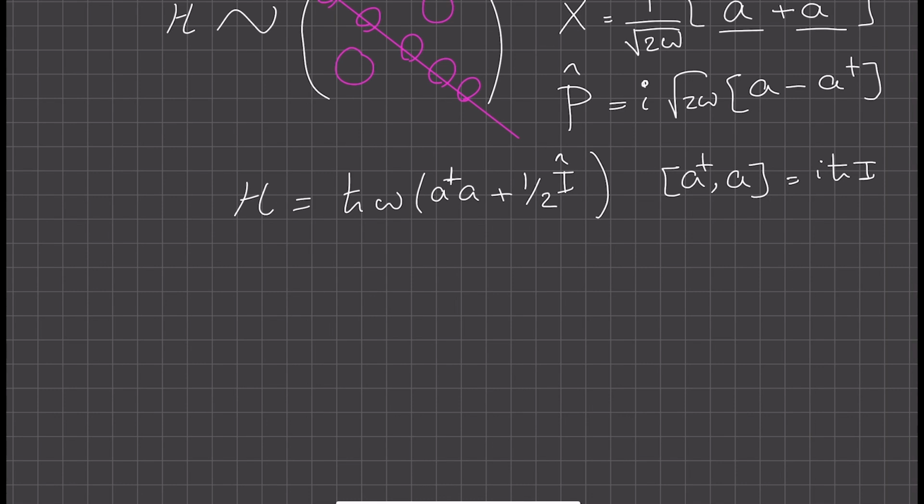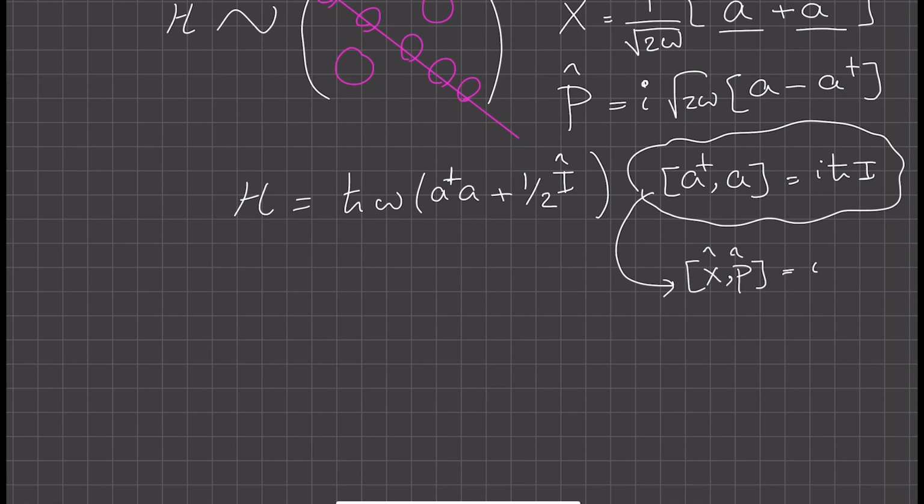But a dagger and a do not commute, which means creation and annihilation cannot happen at the same time, very similar to the measurement of location and momentum. So when we define this algebra, it leads us into the algebra of x and p. So then x and p will have similar algebra.